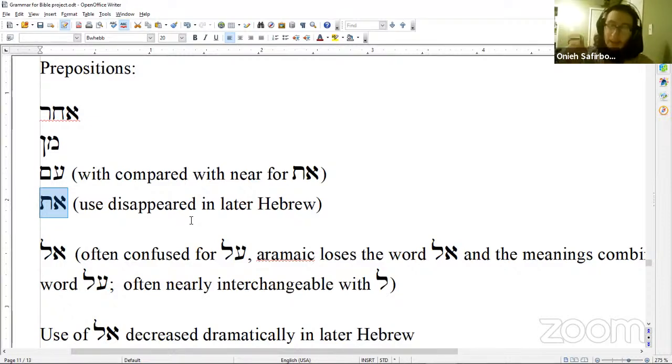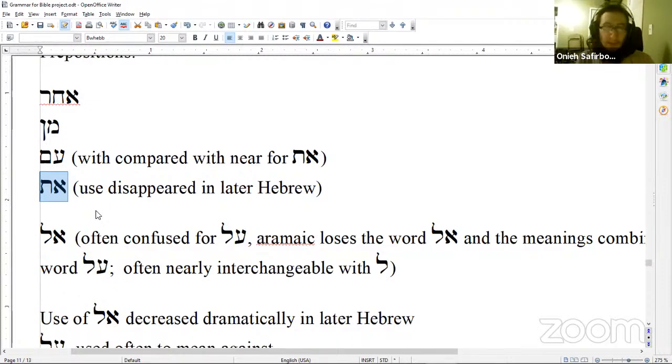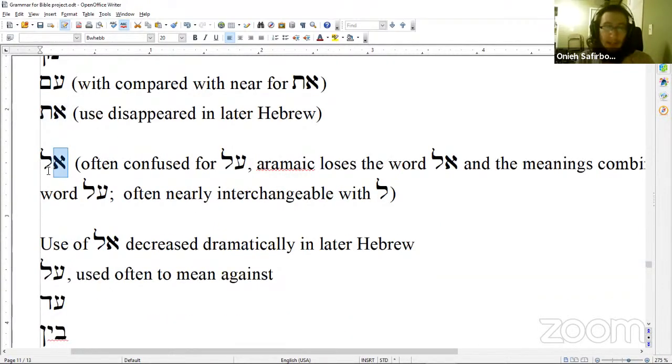Now, when I say aleph lamed does not exist in Aramaic, I mean this specific example for the meaning of "with," but aleph lamed exists in Aramaic. For example, God is used in Aramaic as well, El. Aleph lamed means "unto," and it's very similar to lamed, which means "to," and they're often nearly interchangeable with each other.